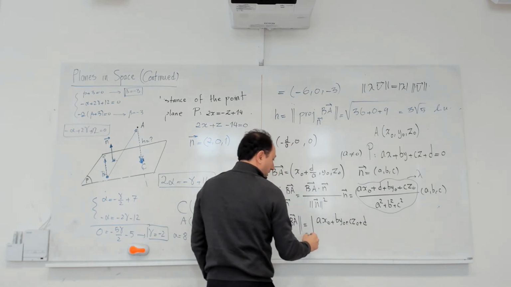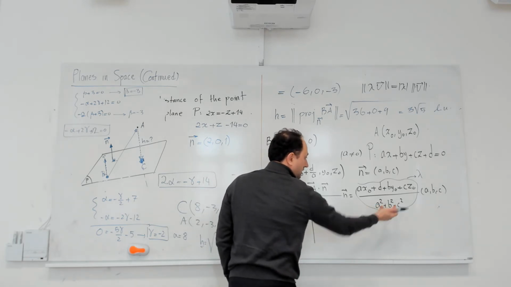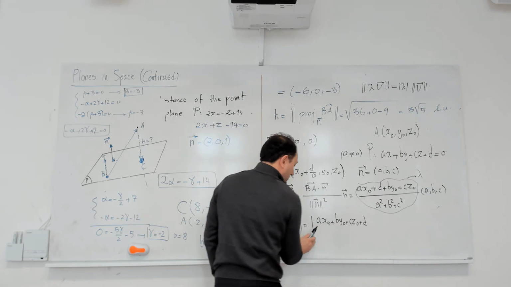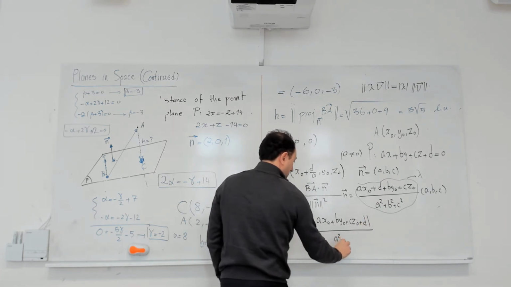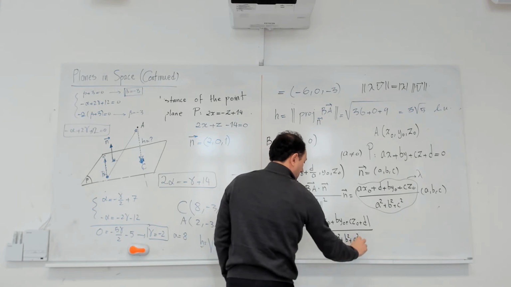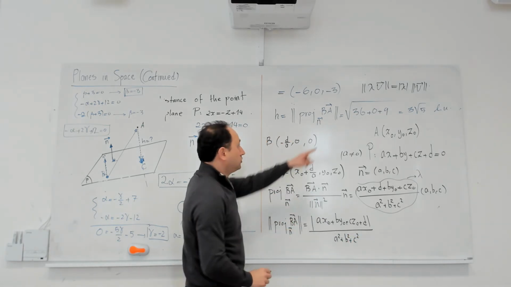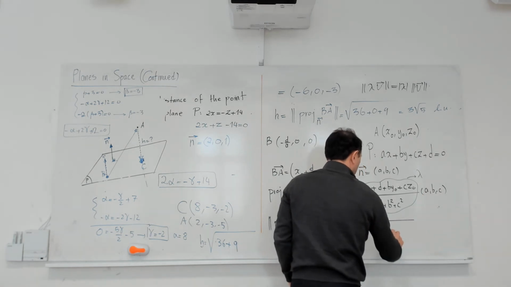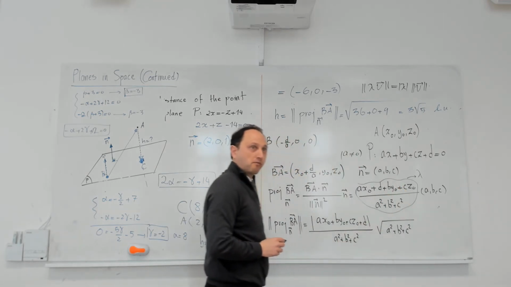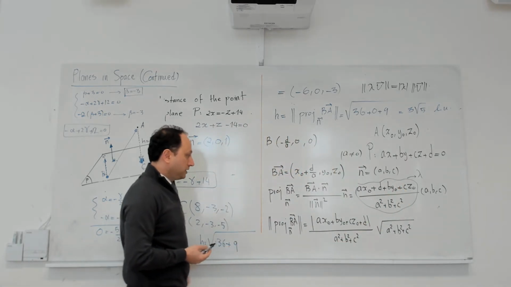Do I need absolute value for the denominator? No, because the denominator is always non-negative. But it is multiplied by the norm of my vector, which is the square root of A squared plus B squared plus C squared.